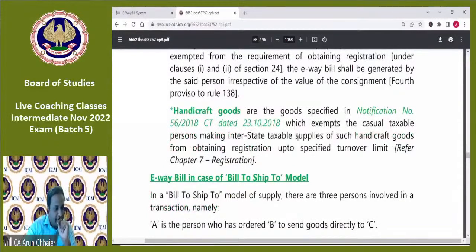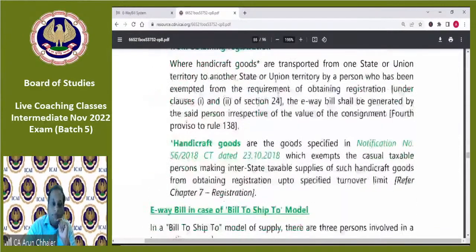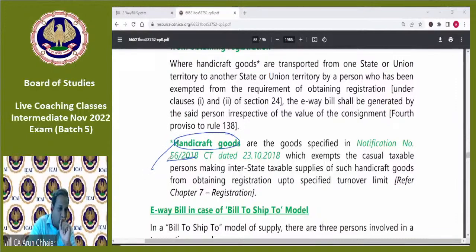If the goods are furniture with handicraft design, will the threshold of 50,000 apply? See, what is the meaning of handicraft goods, Bharat? This notification has one annexure wherein they have given the list of the handicraft goods which are permitted. So you have to refer to that list.